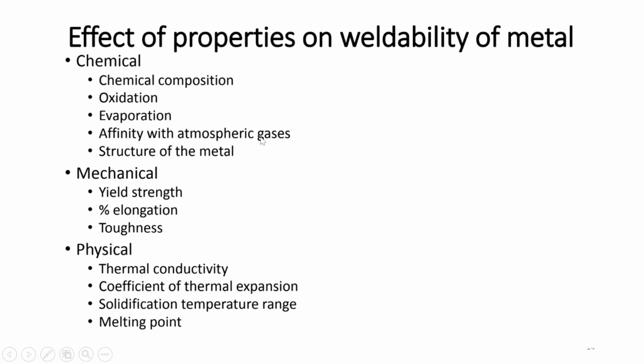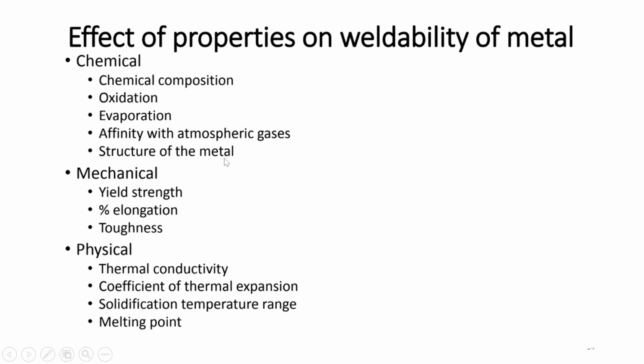Affinity with the atmospheric gases. If your material at a higher temperature can react with nitrogen and oxygen, then it will form some oxides and nitrides. Those inclusions can lower the strength of the material.